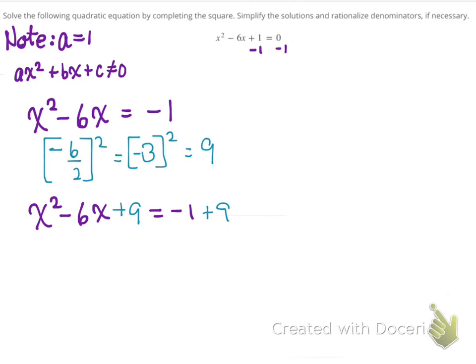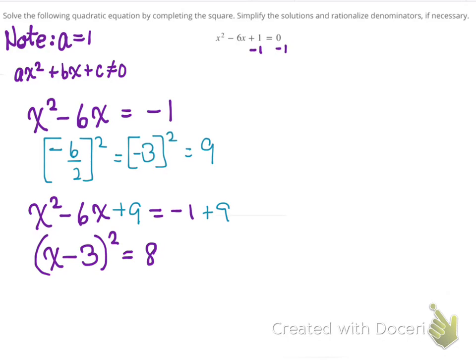Okay. Now I am going to note on the left I have a perfect squared trinomial. So this is going to give me x minus 3 squared equals 8. Now I'm going to use the square root property to solve this.